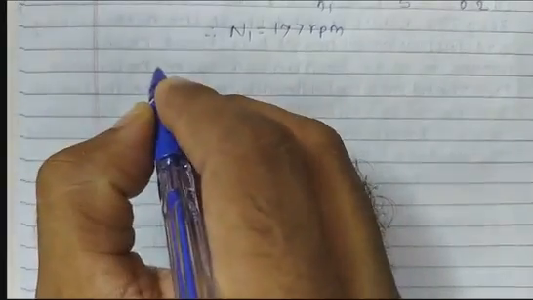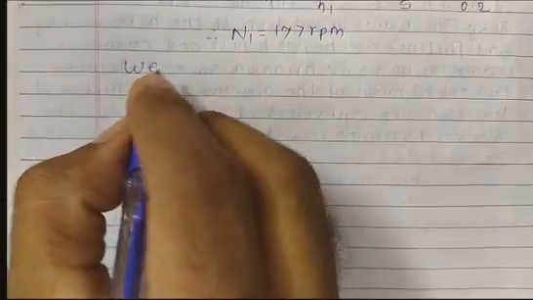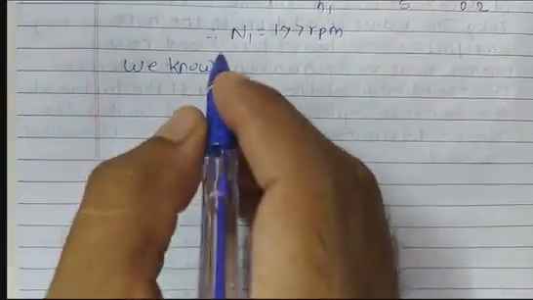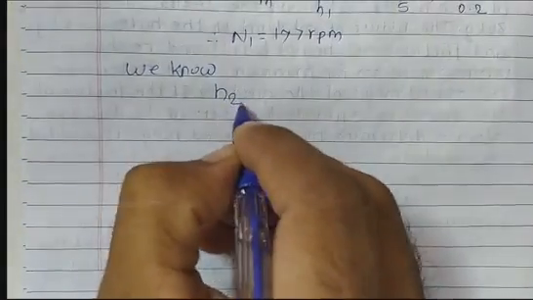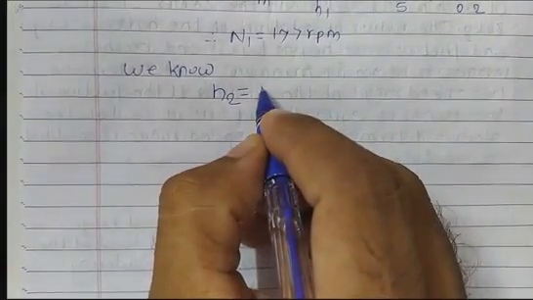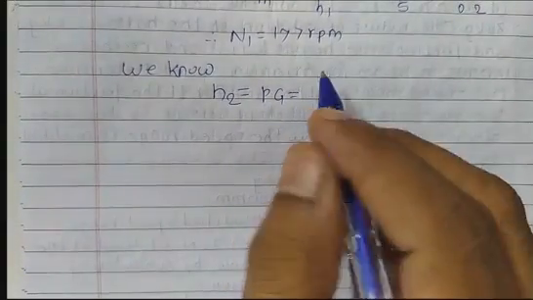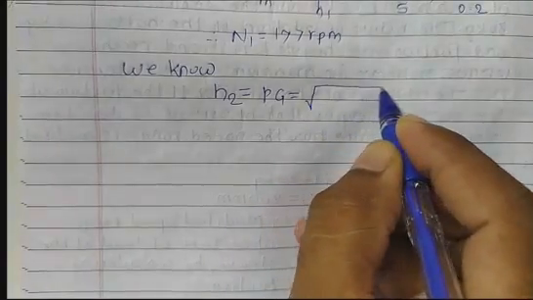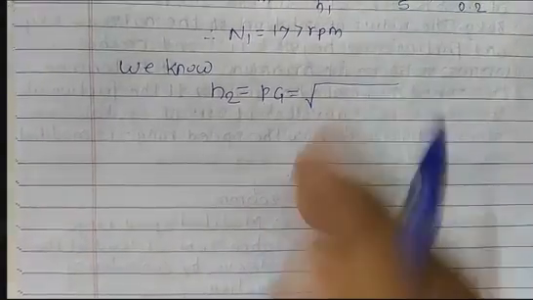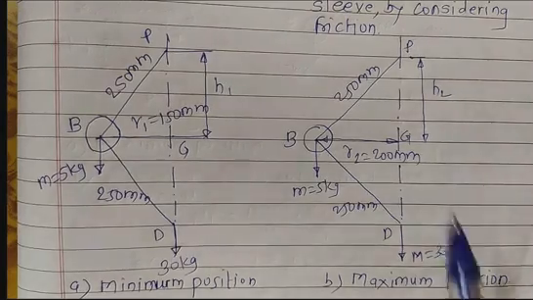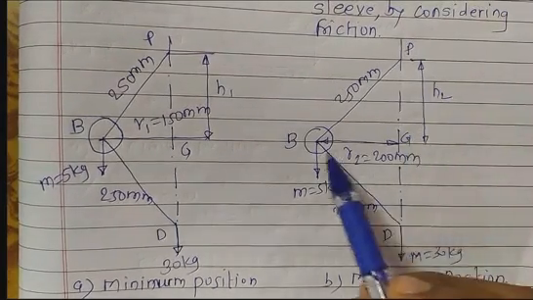Similarly, calculate the value for h2. We know h2 is nothing but once again the same relation, by changing to the second configuration. Now h2 can be calculated from this relation.